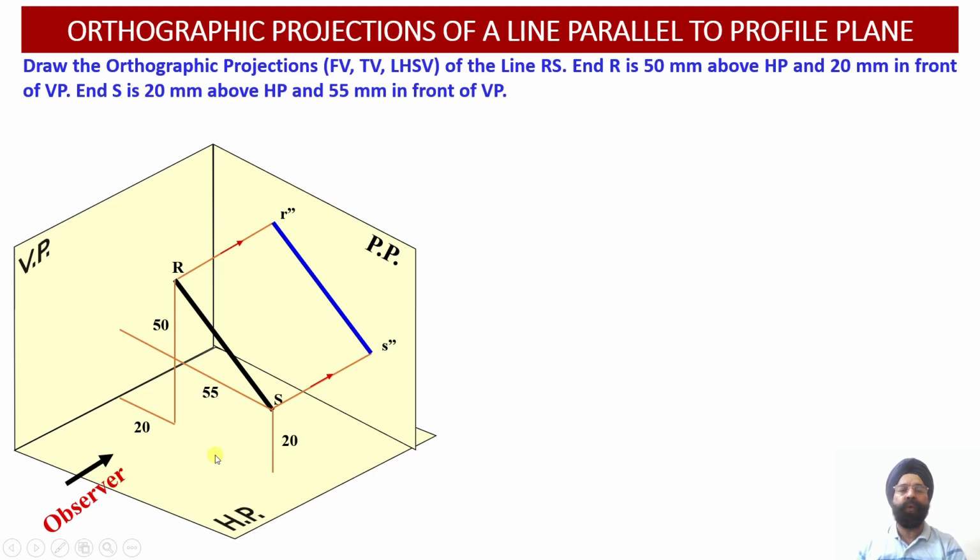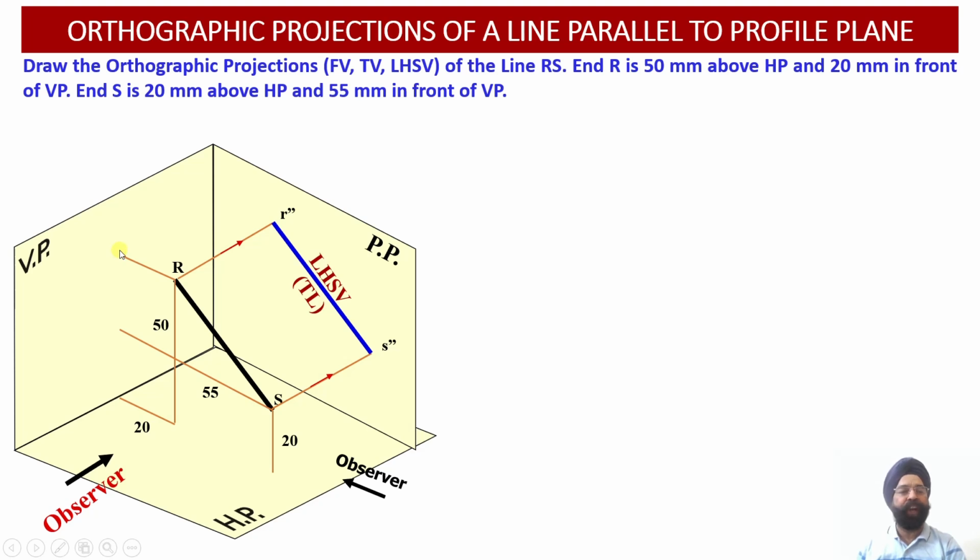Let us evaluate the front view as well as the top view projections of this particular line RS on the reference planes. Once we have obtained this left hand side view, now we are going to observe this line from the front direction. When the observer looks at this line from the front side, this point R will be projected onto the vertical plane at this particular position.